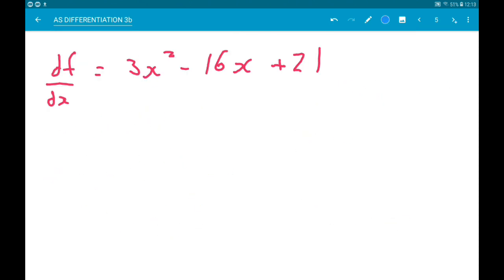Now to do that, we need to find the second derivative. So, d squared f by dx squared is going to be 6x minus 16.